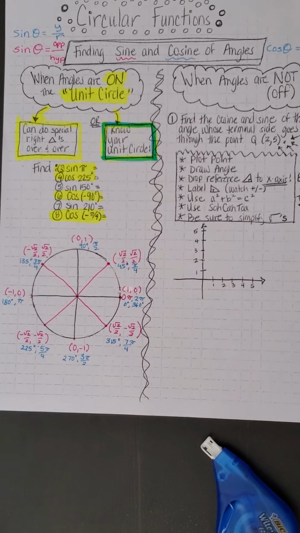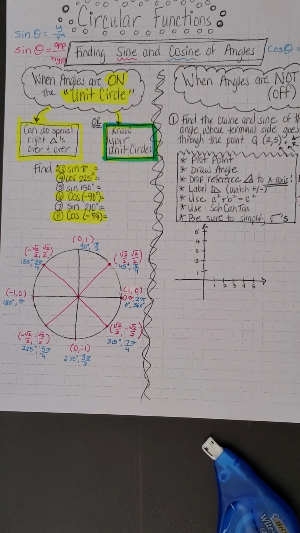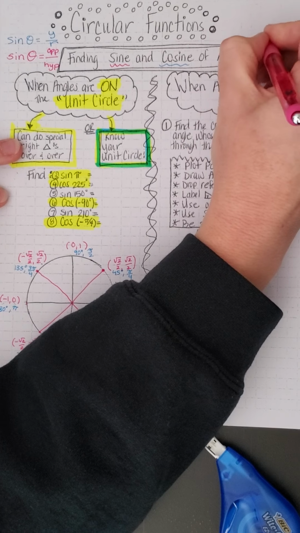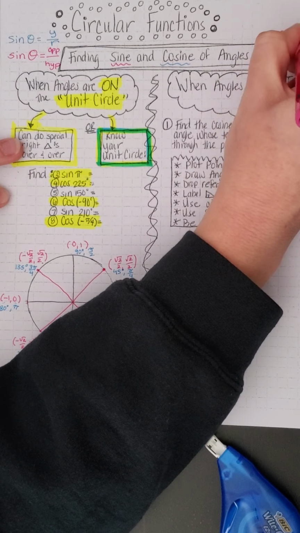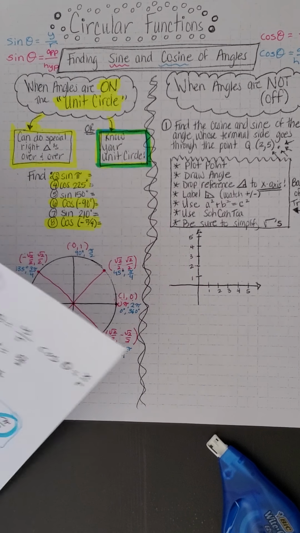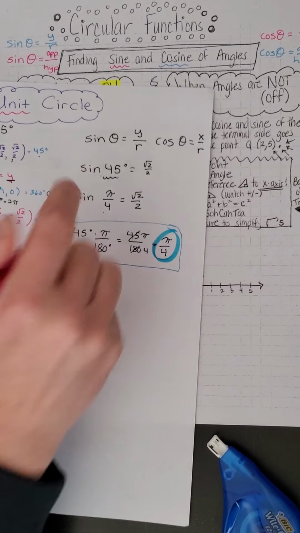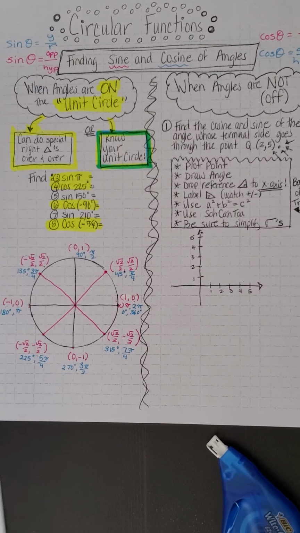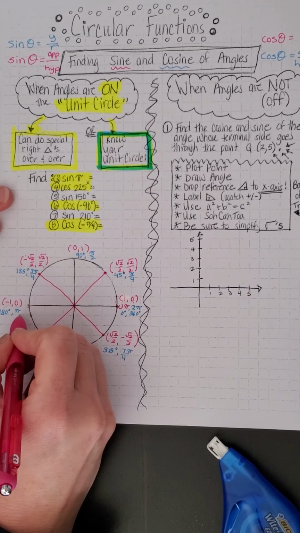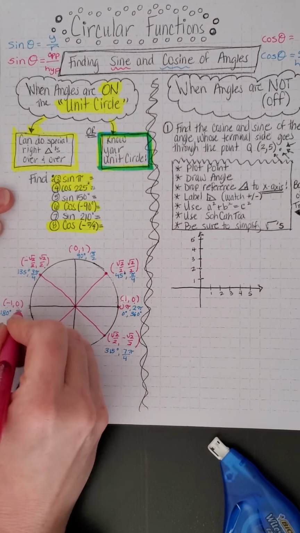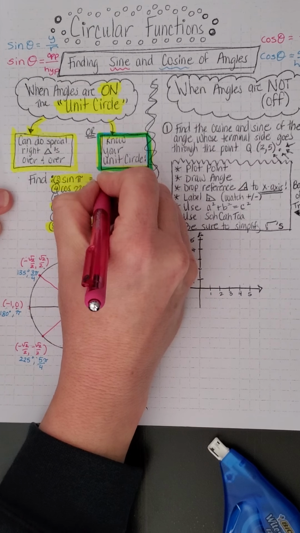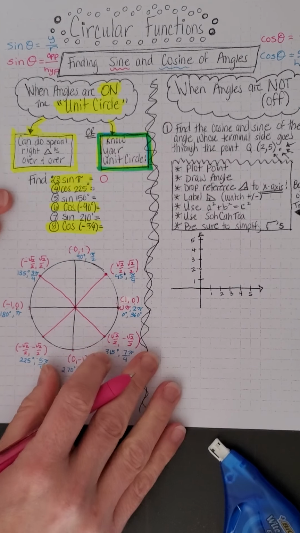The hypotenuse will always be the radius. And then cosine theta equals x over r. So sine of pi would be y over r, and y is 0 here, so 0 over 1, which is 0.